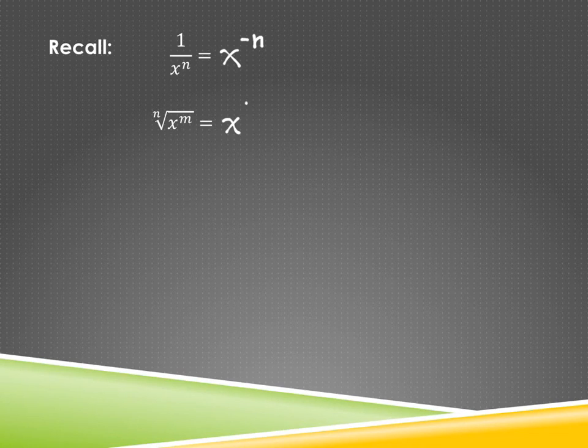Yes, good job. So this would be x to the m divided by n. In particular, if you were writing the square root of x, this would be x to the 1/2, because there is an understood 1 here and 2 here. We see x to the 1/2 and things like that more frequently than this arbitrary m and n business.